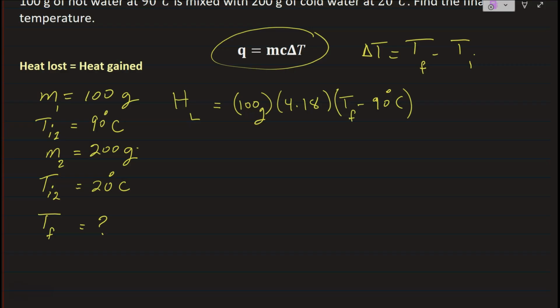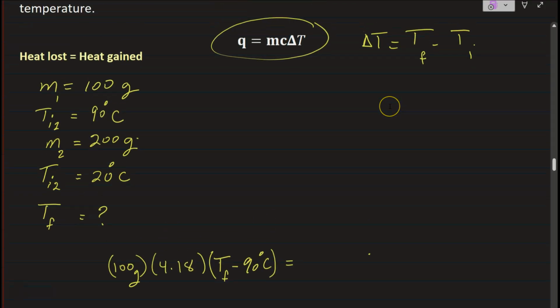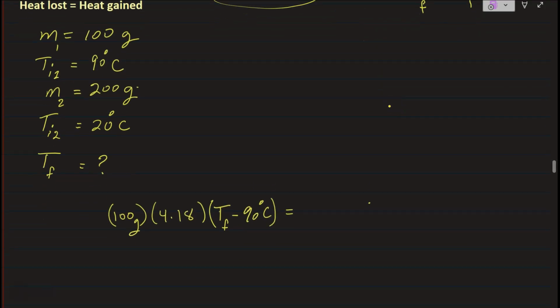That's what that is. Now, for heat gain, we're going to write the same thing. Now we're going to write the equation for heat gain. So one thing to pay attention to is that for the heat loss, the value must be negative. Okay, so this value has to be negative. So if it is equal to the heat gain, it would be minus the heat gain, and we're going to rewrite the formula, plug in the values for the M2.